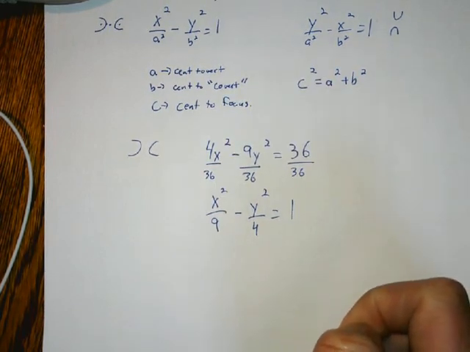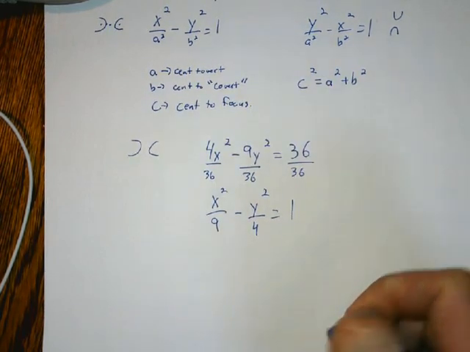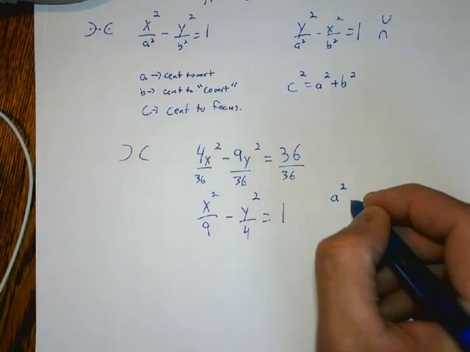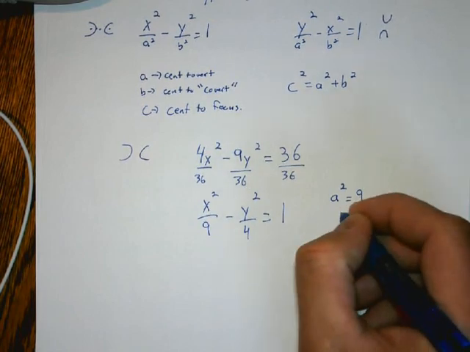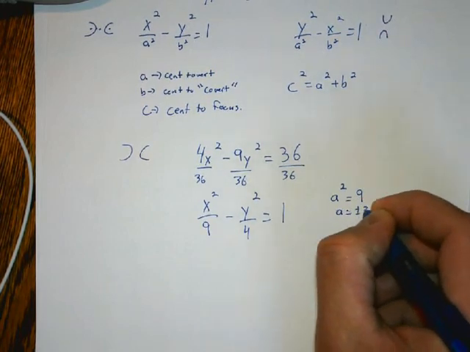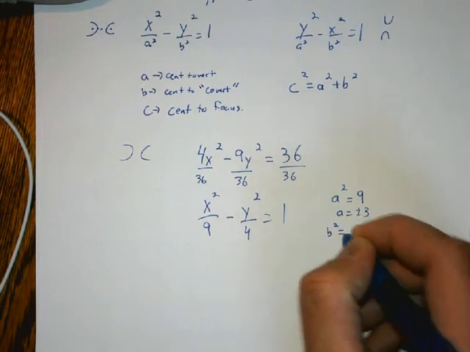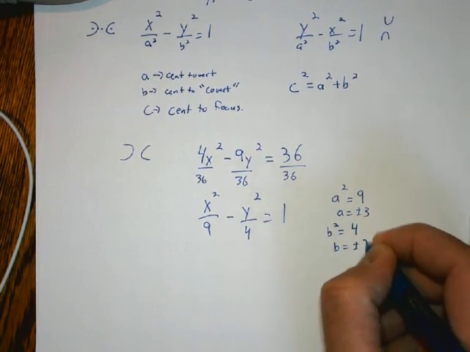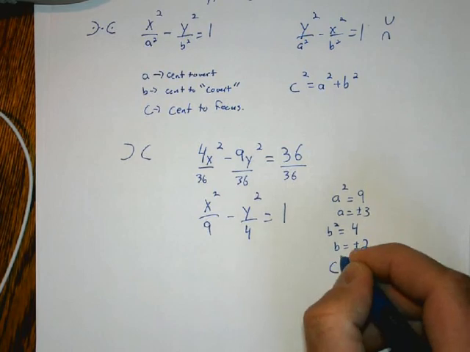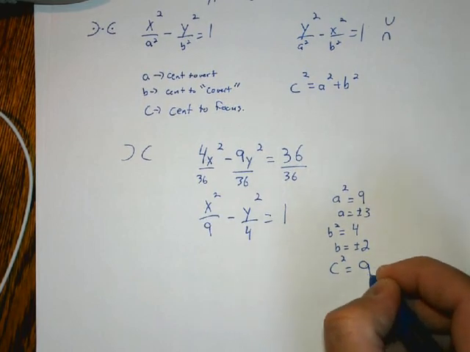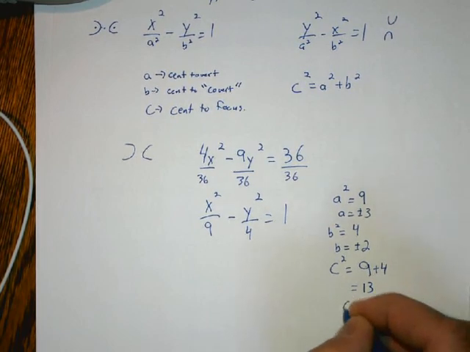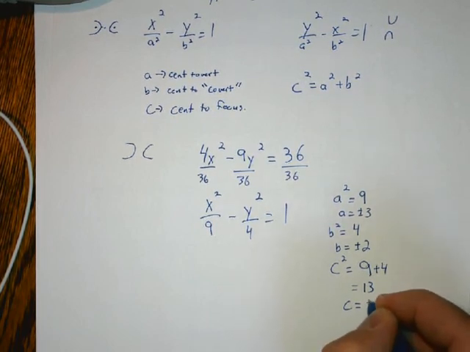Now, just like before, we list out everything. We know a squared, the first value, is 9. Therefore, a is plus or minus 3. The b squared value is 4, so b is plus or minus 2. C squared is found by a squared plus b squared, so we get 13, so C would be plus or minus the square root of 13.